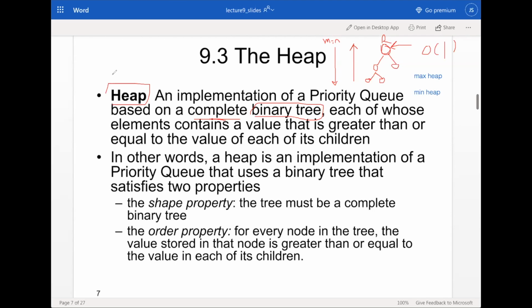Now, we alluded to this thing being semi-sorted. Once you get past the root level, whatever is on the bottom, there's a sense of ordering, but it is very generically termed as greater than or equal to the value in each of the children.